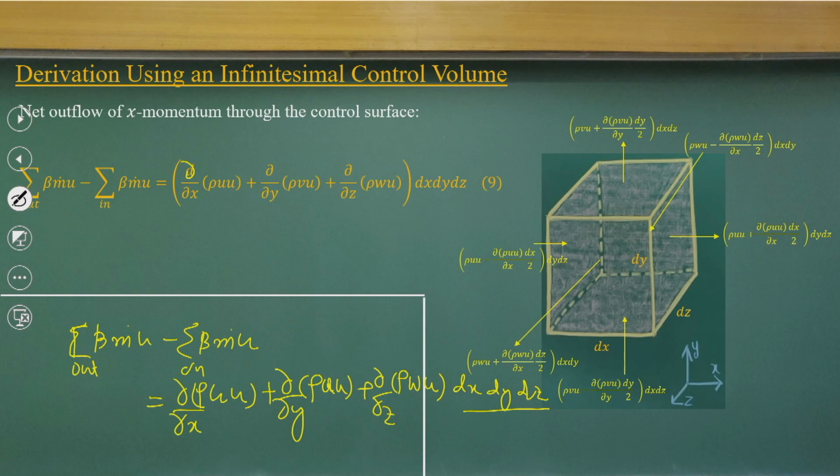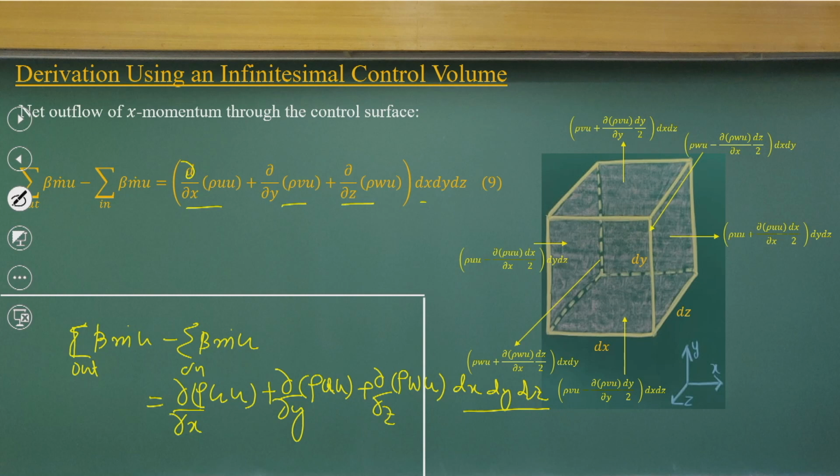Now, d by dx is the change of these functions along the x direction, this is the change of functions in the y direction, and the change of the function in the z direction. That is what we are looking at: how the momentum flux is changing in the x direction, which gives the net equivalent force. Physically interpreting it, the force components arise because of the net momentum flux coming in.